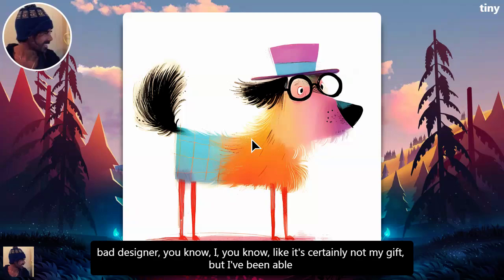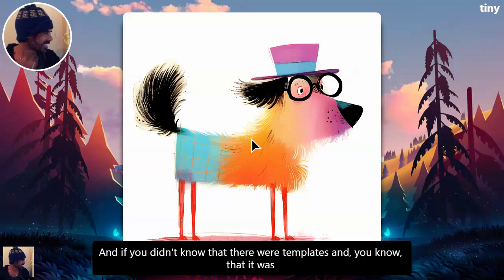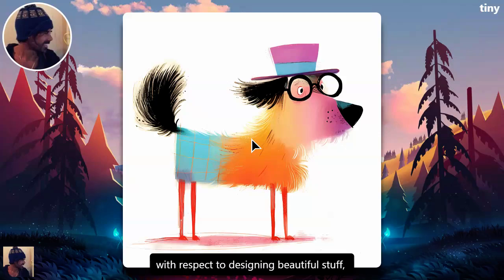It's certainly not my gift, but I've been able to buy some templates for Framer and design some very cool things that actually look really good. And if you didn't know that they were templates and that it was already kind of set up for me, you would actually think I know what I'm doing with respect to designing beautiful stuff, which I kind of don't. Anyway, teach what you know, do what you love, wake up the world with your work.